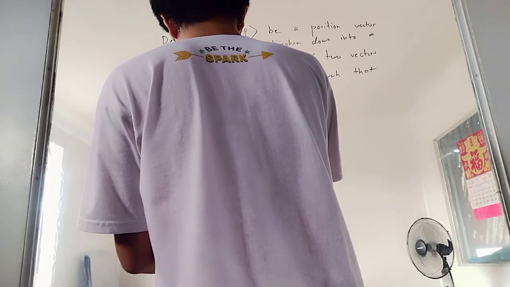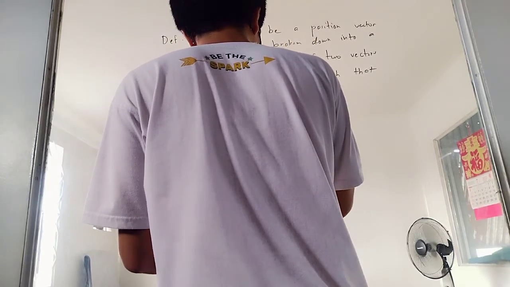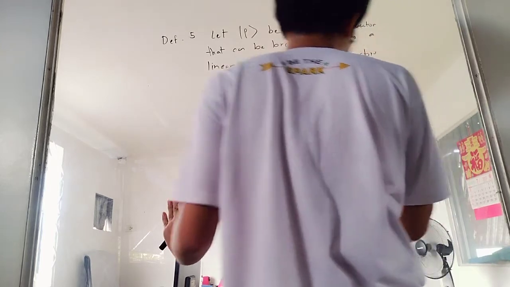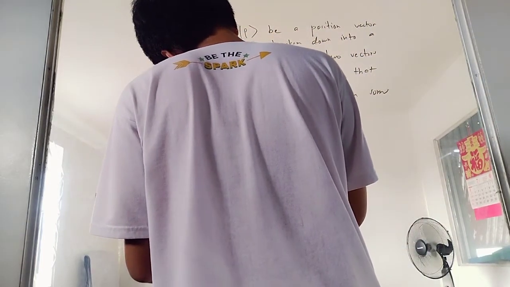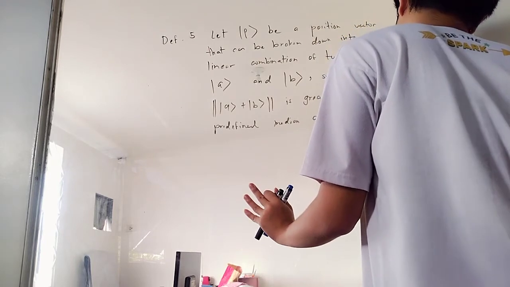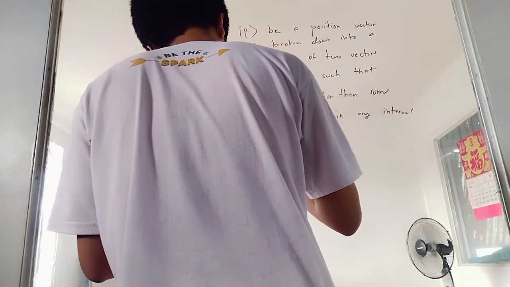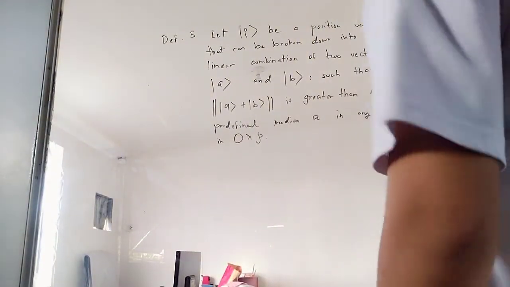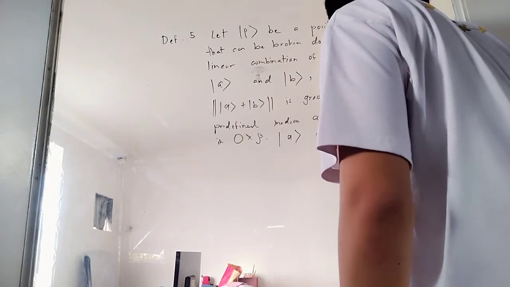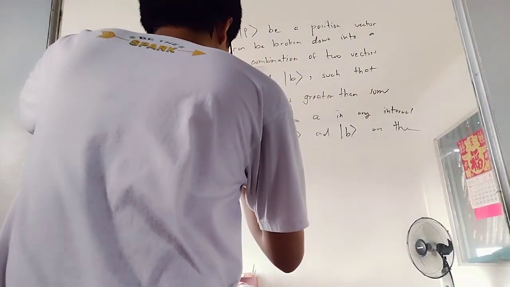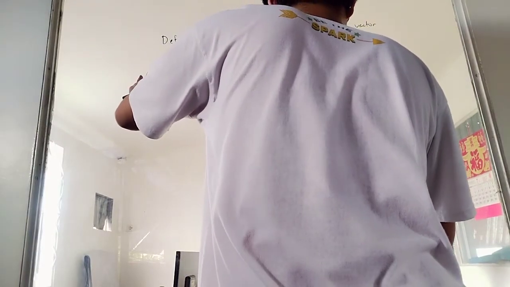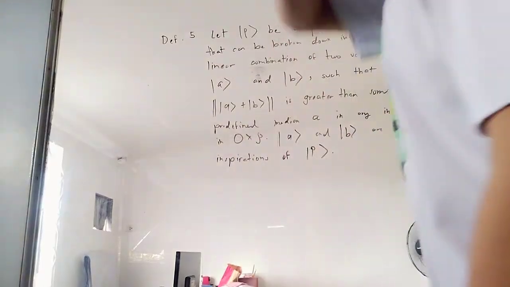the norm of A plus B is greater than some predefined threshold or median in any interval in O cross D. Vectors A and B are the inspirations of vector P. So that's inspiration.